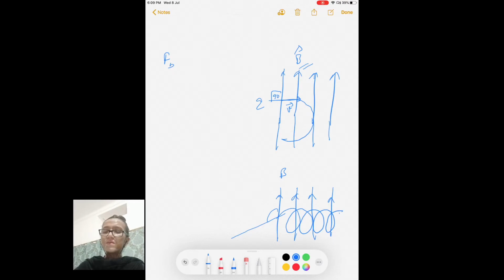So the force due to this magnetic field can be understood. Force on what? Force on this very charge, moving charge. If the charge was at rest, Q at rest will experience no force in magnetic field.